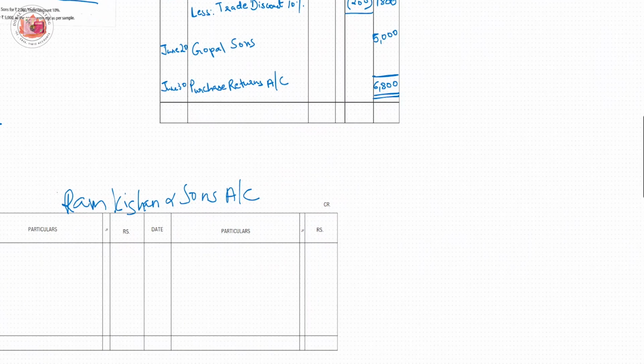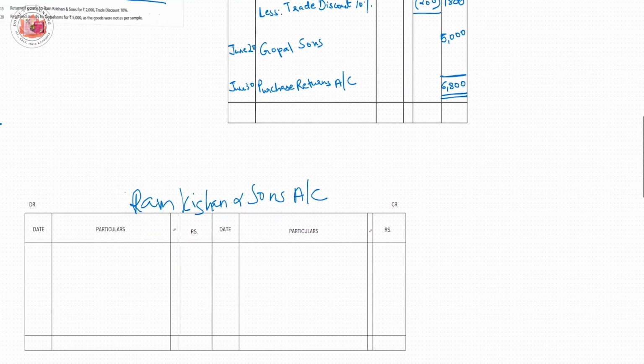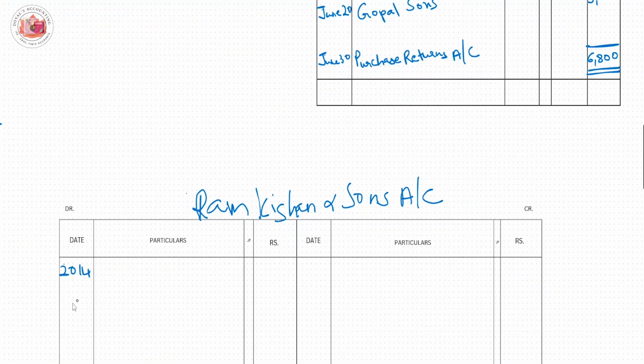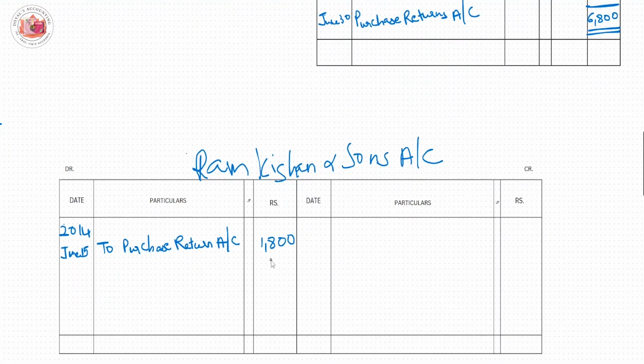So what would be the journal entry for a purchase return? Ram Kishan and Sons account debit to purchase returns account. 2014 June 15th, to purchase returns account, 1,800. Since I have not been given any other details, I won't be writing anything else in this ledger account, nor will I be balancing it.